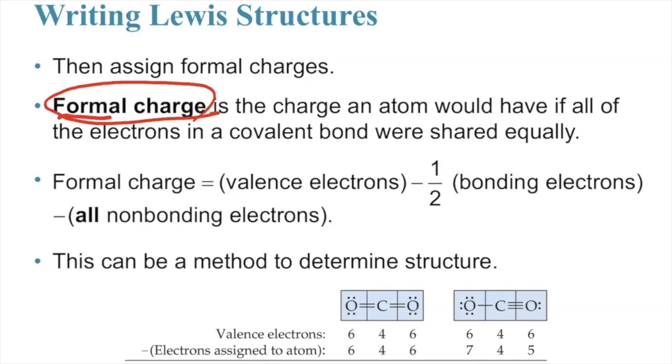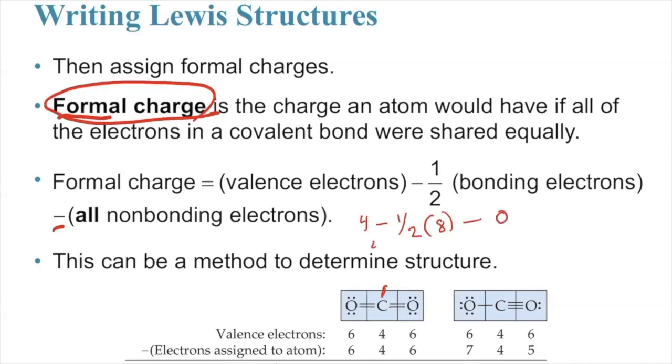And we also can do the same thing with carbon. Carbon is going to be the number of valence electrons, which is 4, minus 1/2 of the bonding electrons, which is 1, 2, 3, 4, 5, 6, 7, 8, minus all non-bonding, 0.